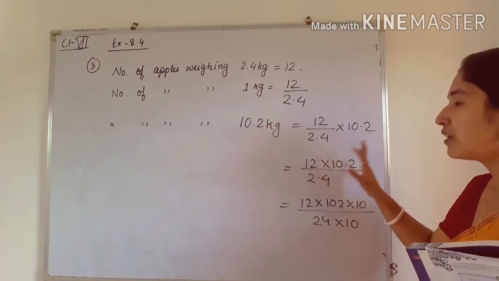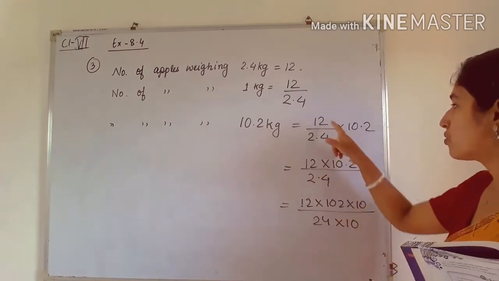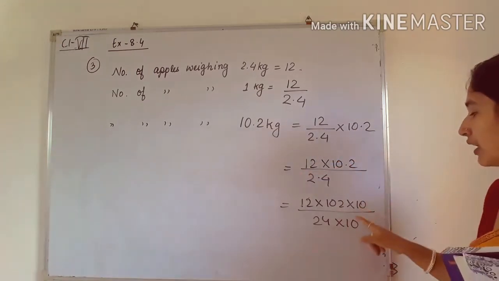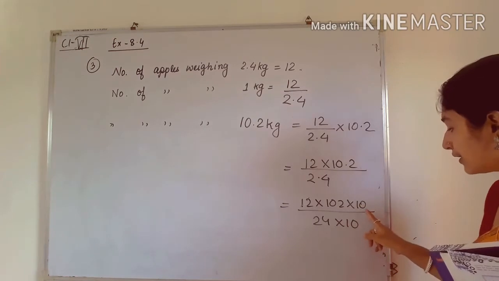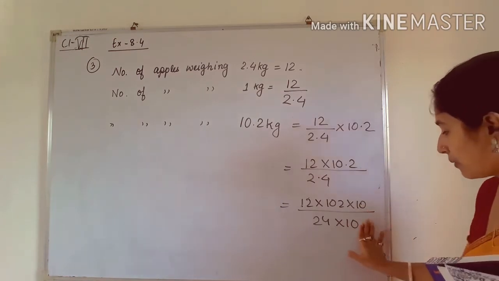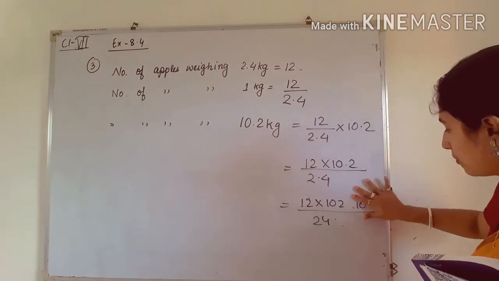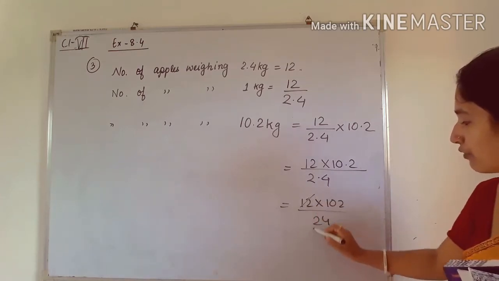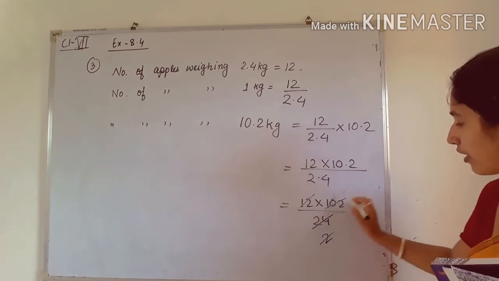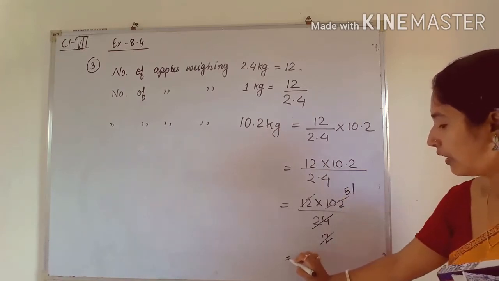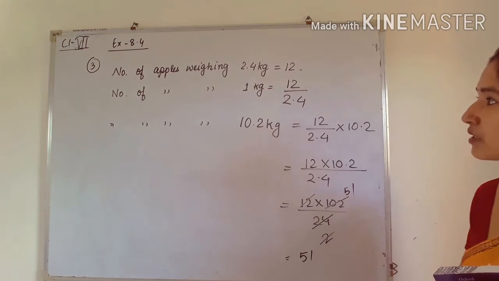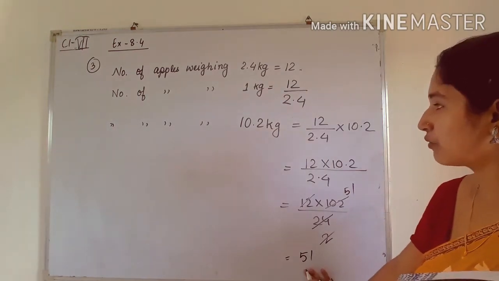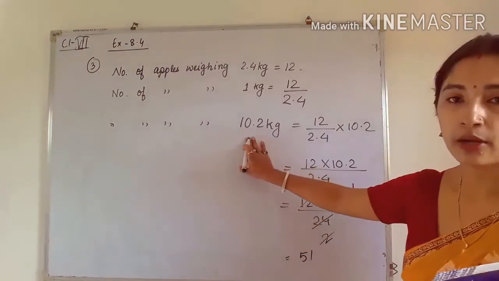So you can simply remove the decimal point and write 12 into 102 by 24. But I have not written it like this, I have just written 10. Okay. So no problem, it will be cancelled out. So I am removing it now. So see, now we can cancel easily. So 12 2s are and 2 5s are and 2 1s are. So therefore 51 apples, the number of apples is 51, having weight how much? 10.2 kg.